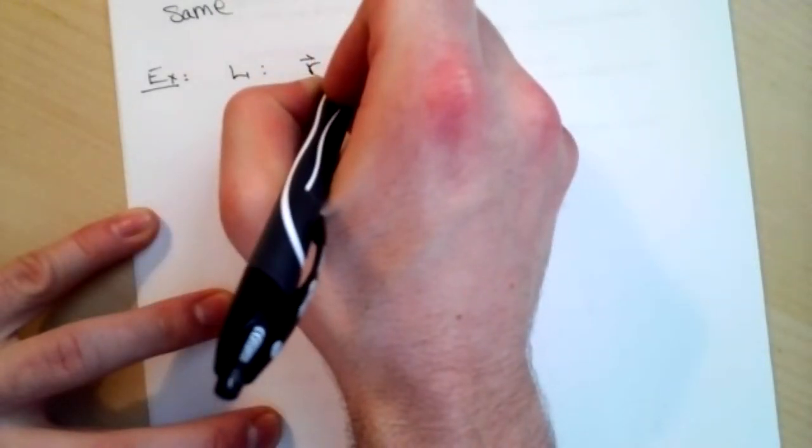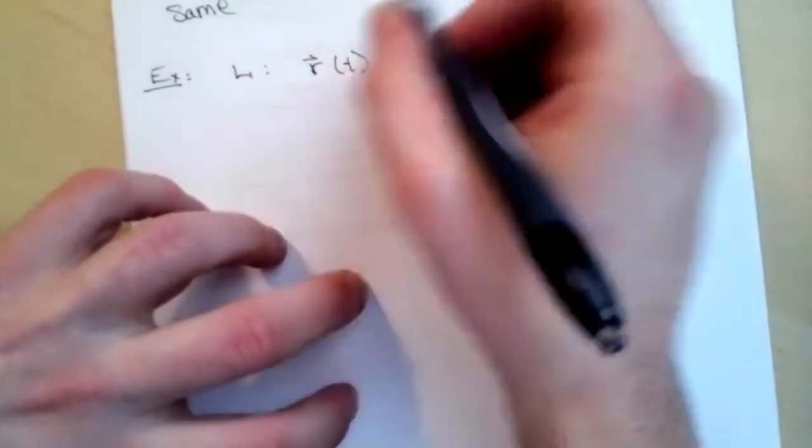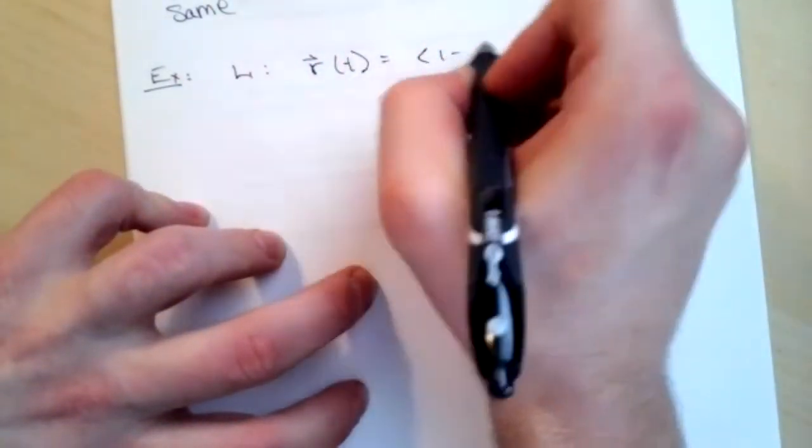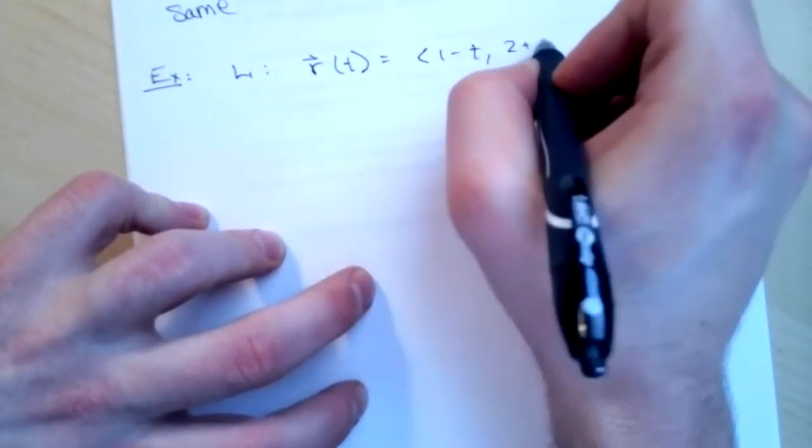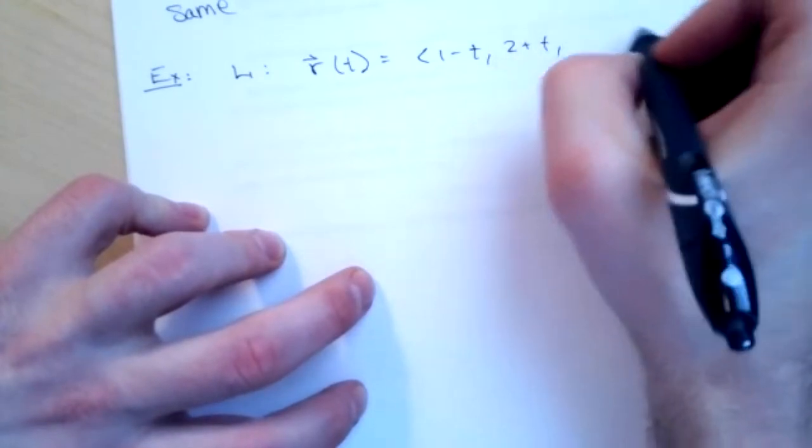So let's take a look at an example. We'll talk about skew and intersecting here in a second. Let's do one example, and maybe those topics will come up. L1 is going to be given as r(t) equals 1 minus t, 2 plus t, 2t minus 1.